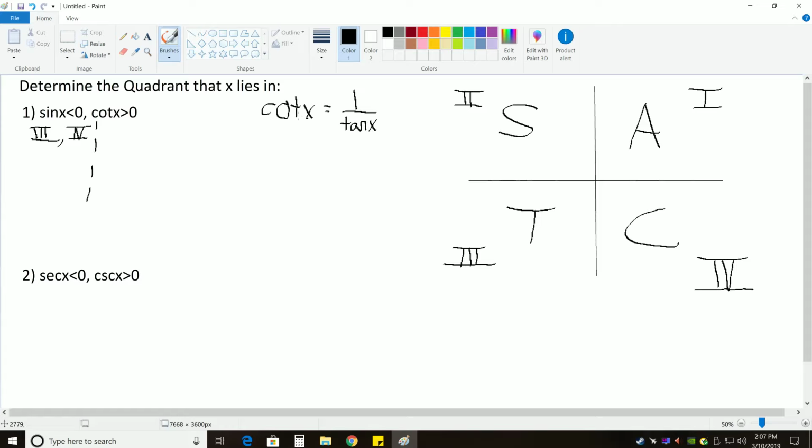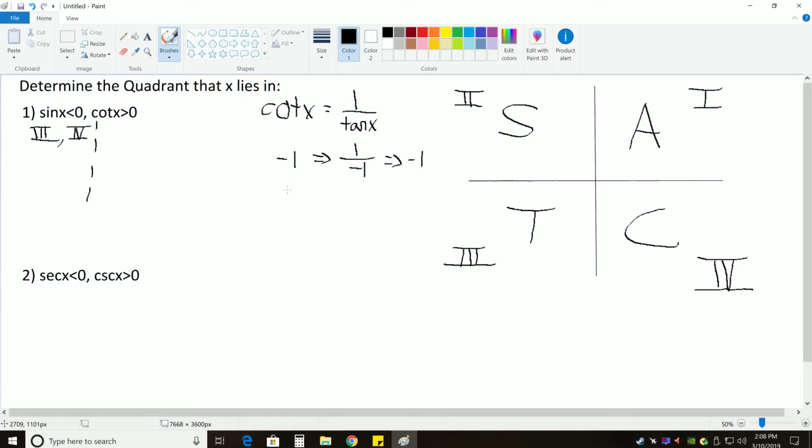So let's think about that for a moment. If cotangent of x were, for instance, -1, then if you took its reciprocal to find tangent of x, you'd get 1 over -1, which would still give you -1.